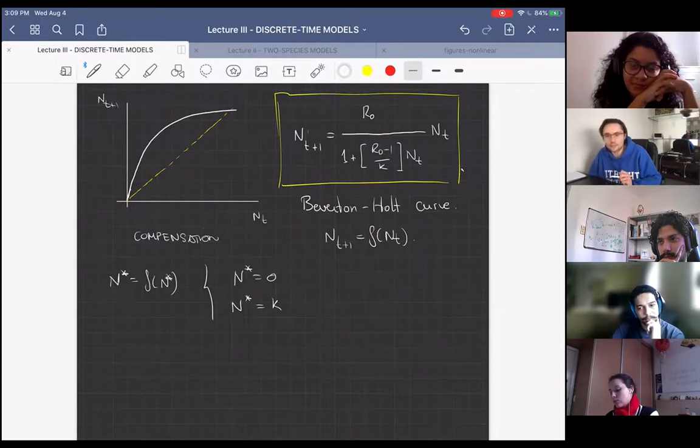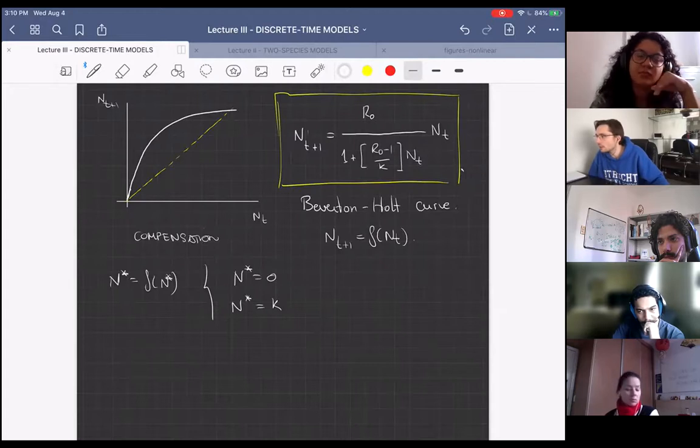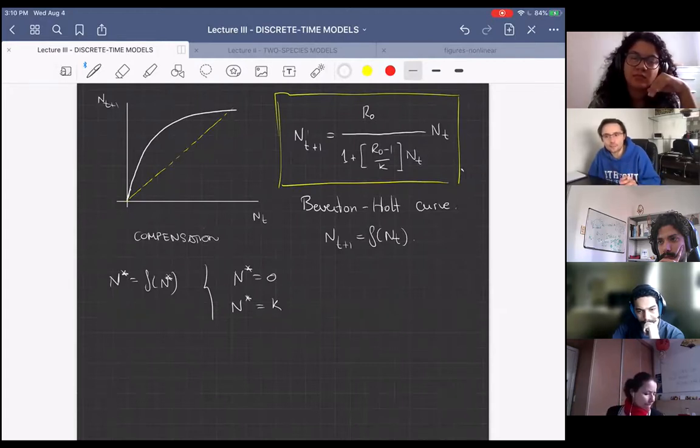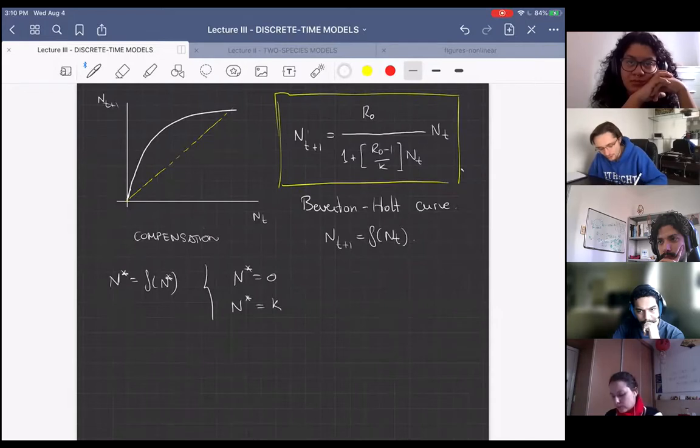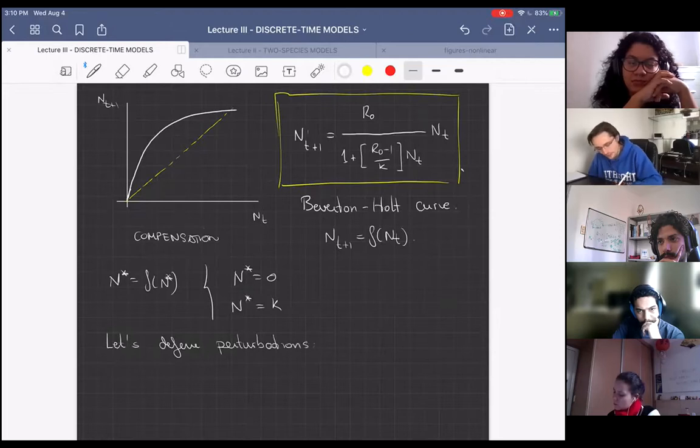We can calculate the stability of these points, although there are some subtle differences between the stability in differential equations and the stability in difference equations. So very quickly, the thing that we need to do to calculate the stability is to define perturbations around the stationary state, in a way that we basically say that we move a little bit around.